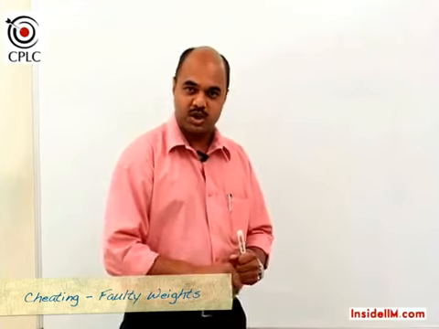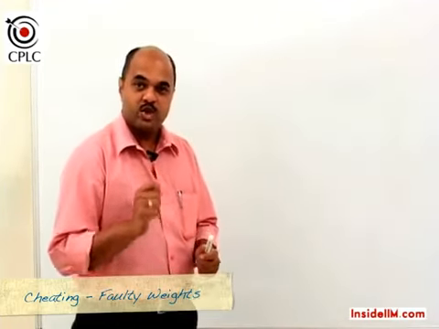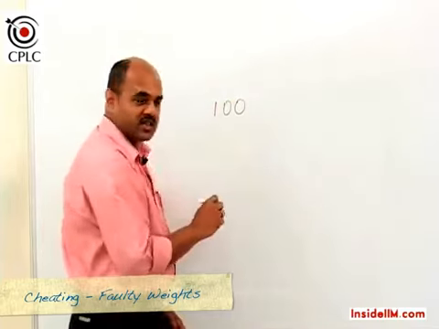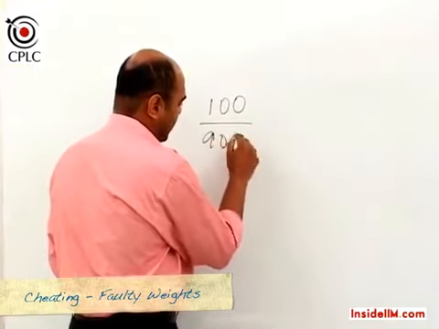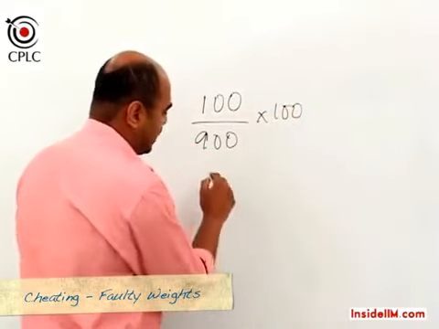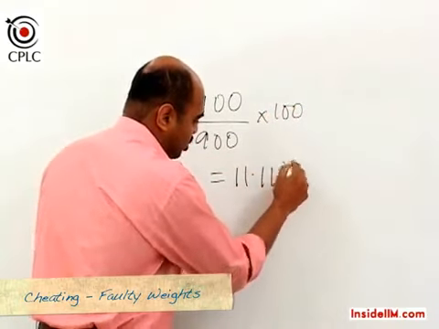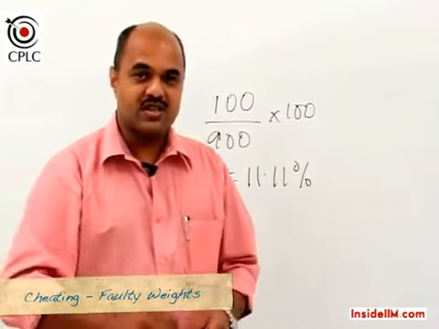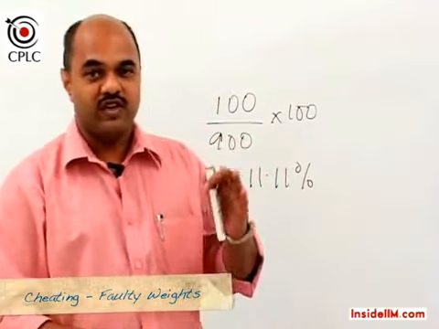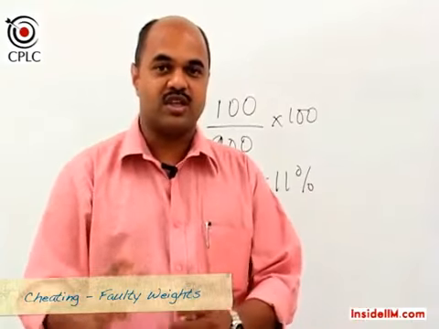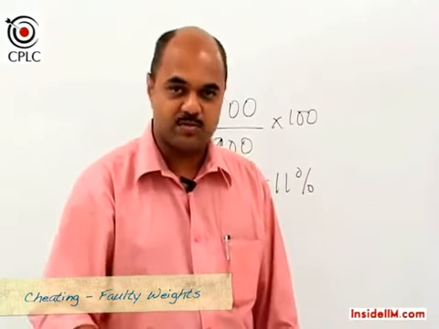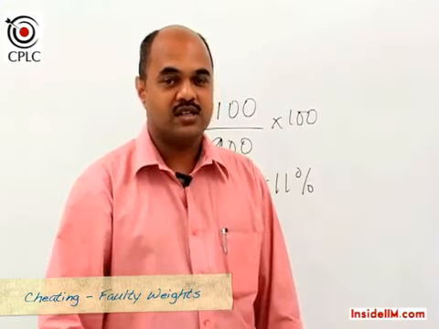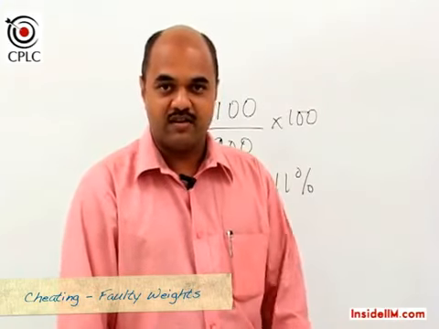And if we go back to our shortcut that we had learned, the shopkeeper is going to gain 100 grams on selling 900 grams, and hence if we look at the profit percent, it's going to be 11.11%. So this is similar to cost price of 10 articles is equal to selling price of 9 articles. Here specifically it was cost price of 1000 grams is equal to selling price of 900 grams.